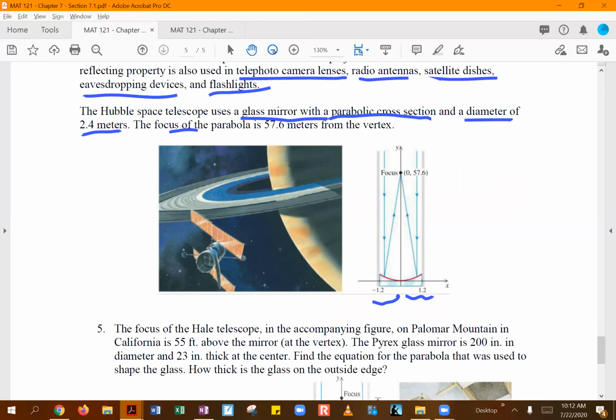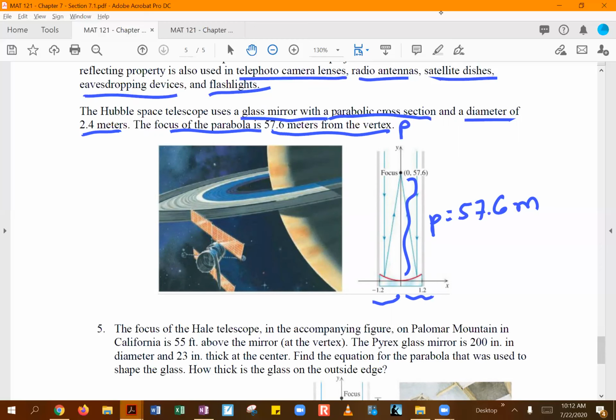They're telling us the focus of the parabola is at 57.6 meters from the vertex. So this 57.6 meters from the vertex is actually that distance P that we keep talking about. So that's this distance between the vertex and the focus, which is our 57.6 meters in this case.